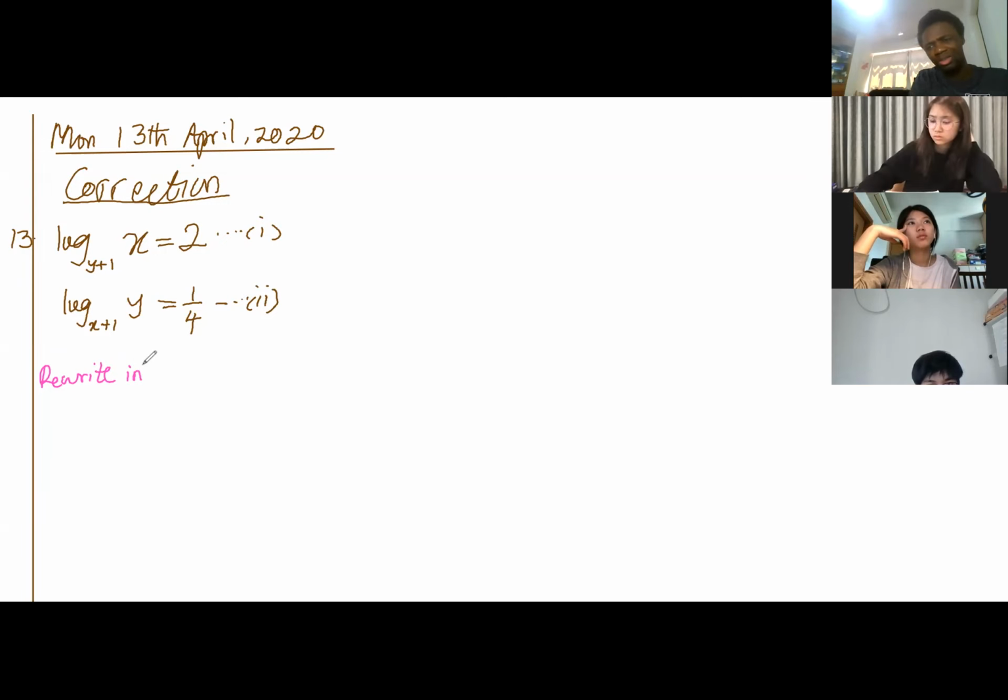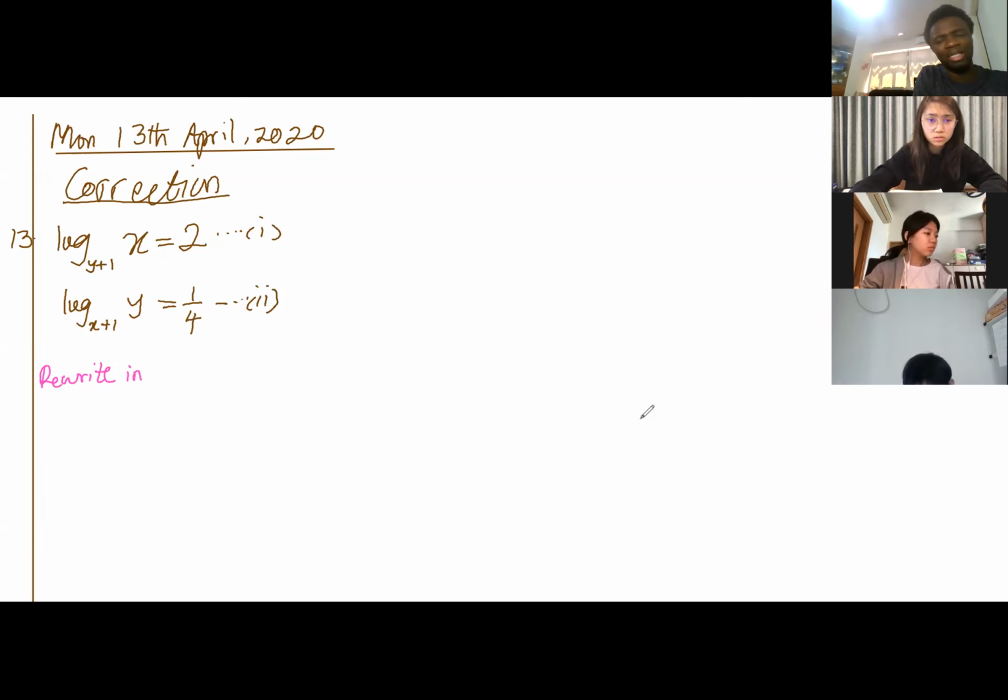What? Where does that come from? Maybe you skipped some things. You know, I don't like steps being skipped. Which one are you talking about? Because everyone is confused, including me. The first one, you said y equals to? Wait, it should be x equals bracket y plus 1 to the power of 2. Yeah, that makes much more sense.